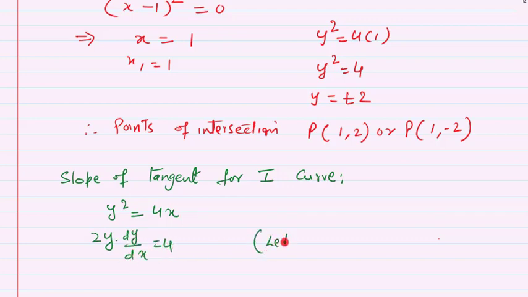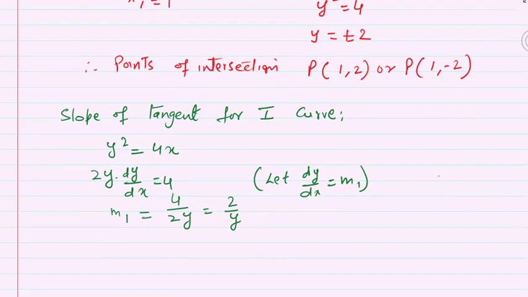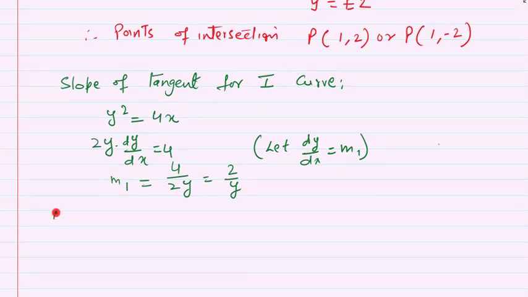Let us consider that this dy upon dx represents m1, that is the slope of line 1. So from here we get m1 is equal to 4 upon 2y, or you can say 2 upon y. Now let us calculate this at the given points. At (1, 2), m1 is clearly 1, and at point (1, minus 2), clearly m1 is equal to minus 1.